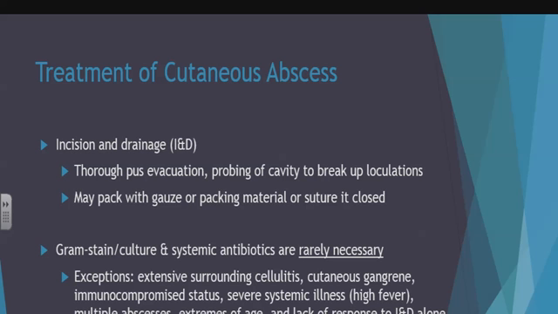And after you get all the pus out through evacuation and probing of the cavity to break up any loculated areas, you can pack this with gauze or packing material, or suture it closed, but most people don't choose to suture it closed. It's just common practice that they don't usually suture it closed. I could explain some anaerobic fears, but we don't have to get into that. Just know that usually suturing is not done. Usually they do packing for this type of infection.